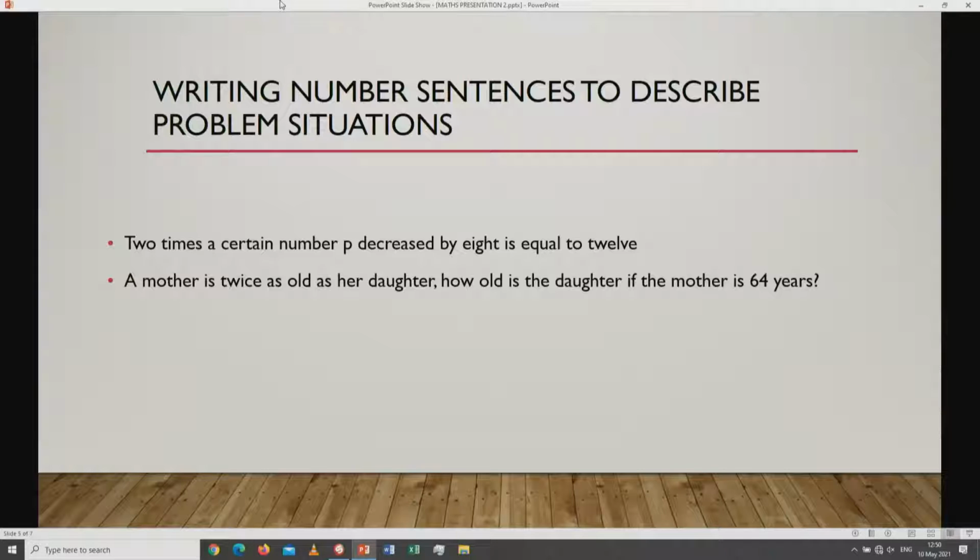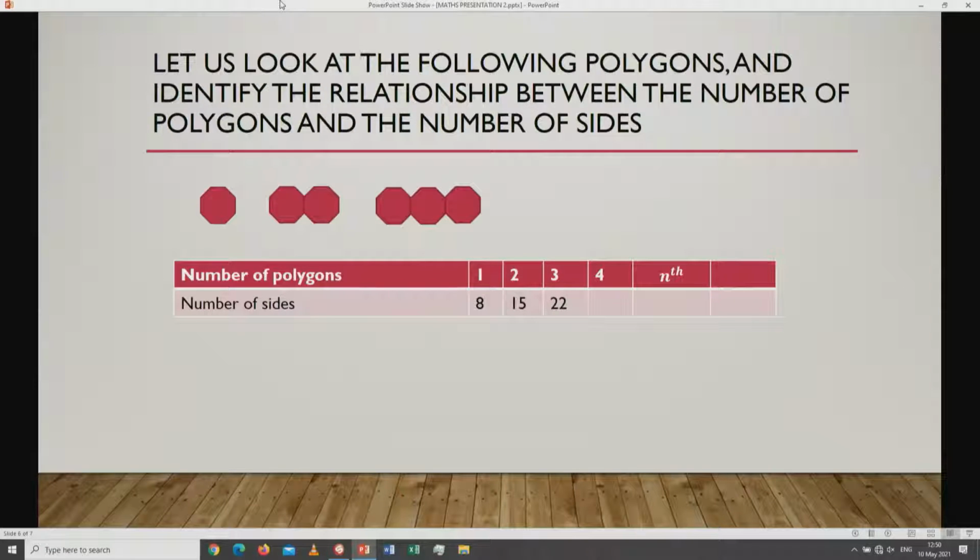So guys, when we are given number sentences like this to create equations, we highlight the important information that we can use first. Or it may come in a form of, let us take the next slide, in a form of this.